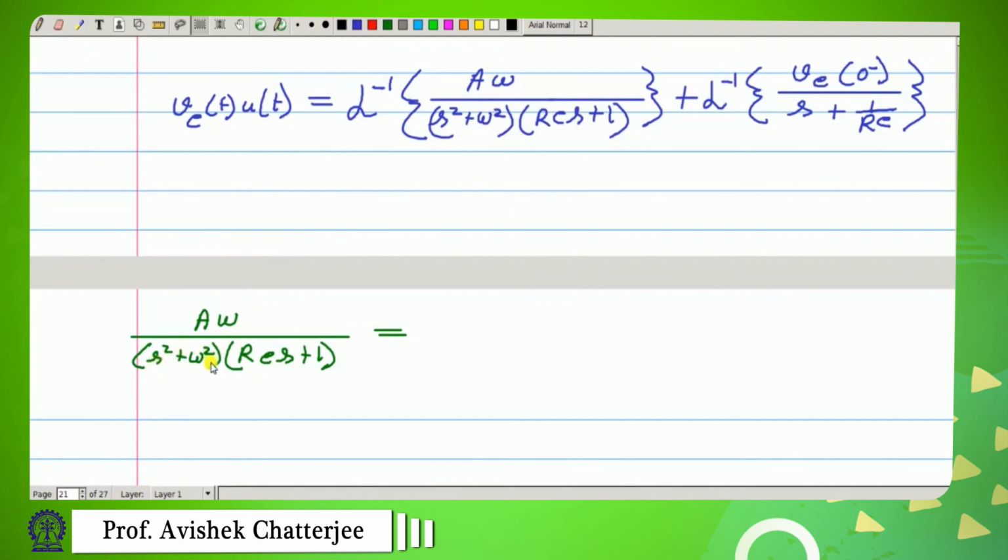Another way is like this. Notice that s square plus omega square can be written as (s plus j omega)(s minus j omega).